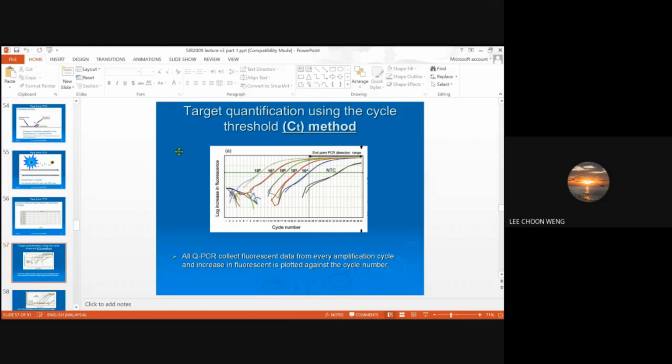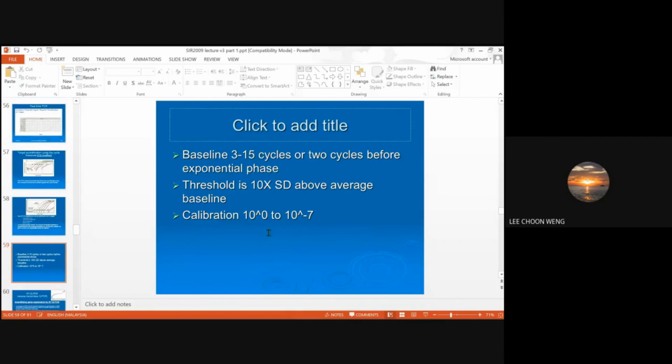Okay, so from here, you can determine your original template. Once it crosses the threshold, you can determine the concentration. Of course, you have to calibrate it first. Usually, you calibrate with a known gene from 10 to the power 0 to 10 to the power minus 7, to see where it crosses the threshold.